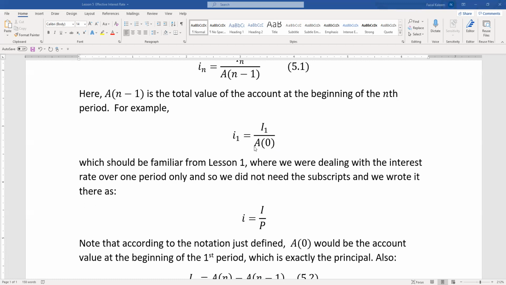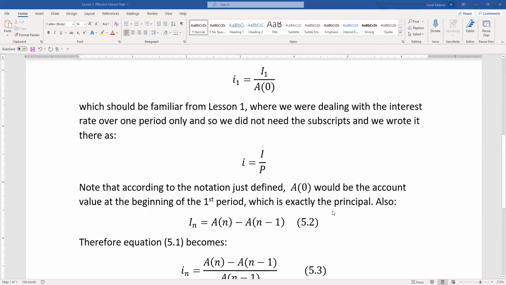And we just figured out that A(0) is the same thing as the principal. So what we are developing now is a more generalized notion of that earlier idea, that interest rate equals I over P, which applies only when there's just one period in the problem. In that case, the first period formula from above matches exactly that formula.